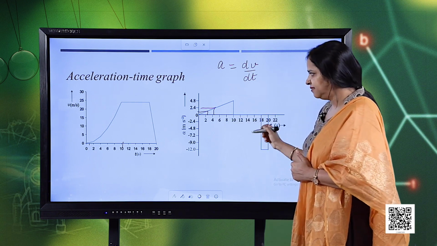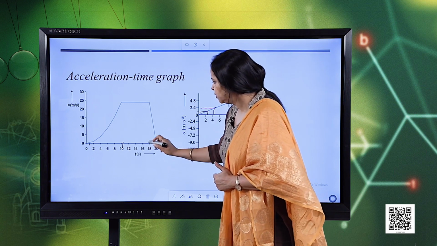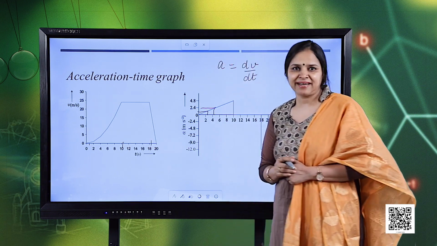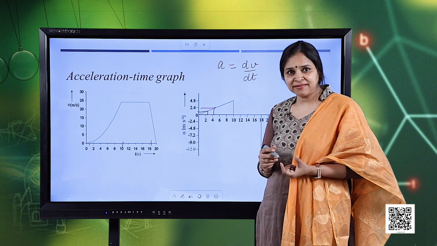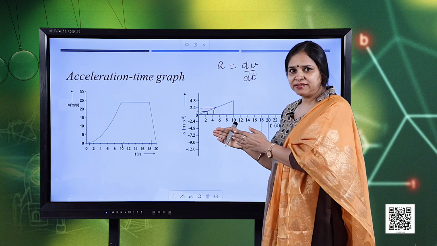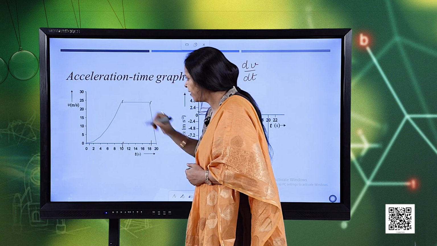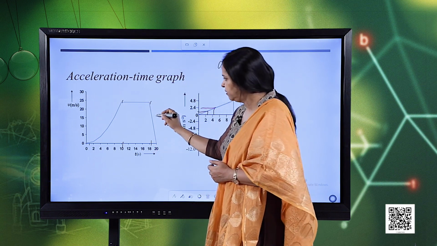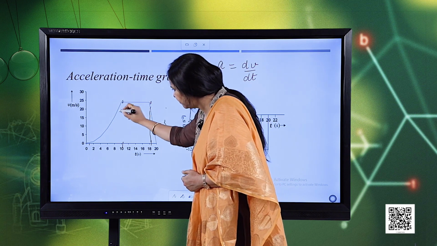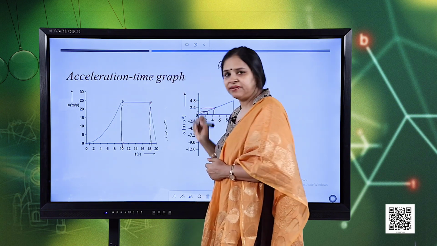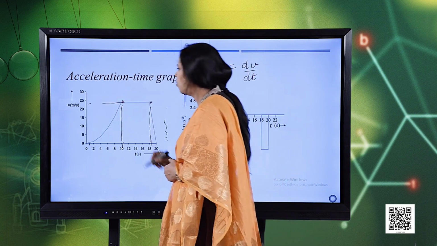Now, let us discuss the time duration between t equal to 10 and t equal to 18 seconds. Again we can find the average acceleration for this time duration. We take 2 points, the initial and the final location, and drop the perpendiculars on the time axis, between 10 and 18. What do we get?